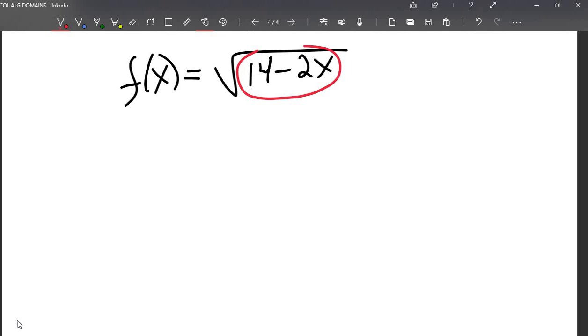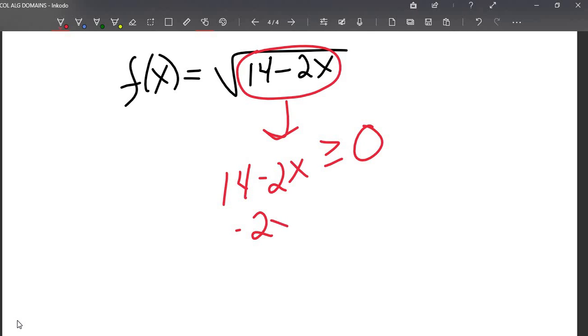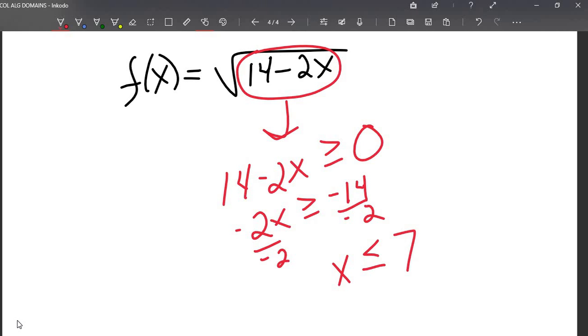Take what's underneath, bring it down, put it greater than or equal to 0. All right, so I'm going to move the 14 over, and when we're moving across the equal sign, it's going to be a negative 14. Dividing by negative 2, and remember, when you divide by a negative, you have to flip the inequality symbol. All right, so based on this, my domain is, this time it's going to negative infinity.